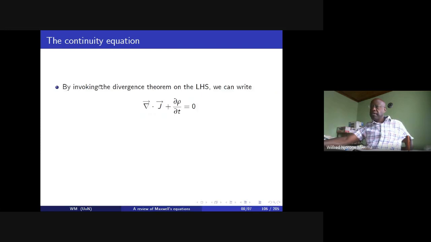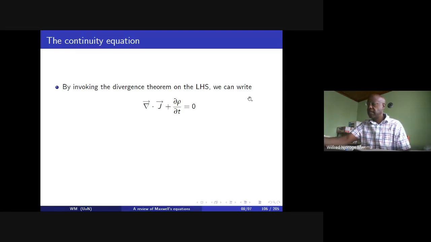So we invoke the divergence theorem on the left-hand side, and we write the following. Remember the divergence theorem said that a closed surface integral can be converted to a volume integral by integrating the divergence of that field, and therefore the divergence of J plus the partial derivative of rho over t is equal to 0. That's all it means.